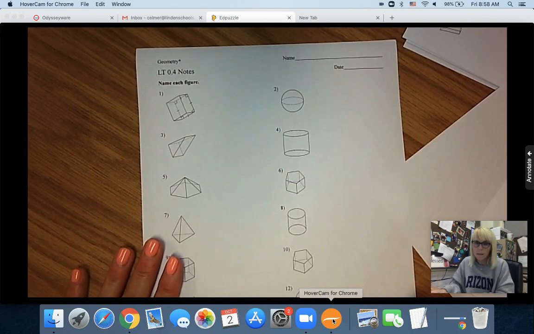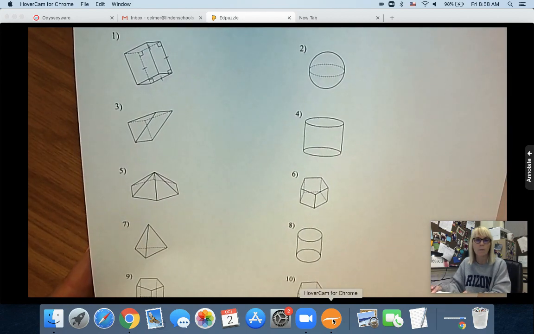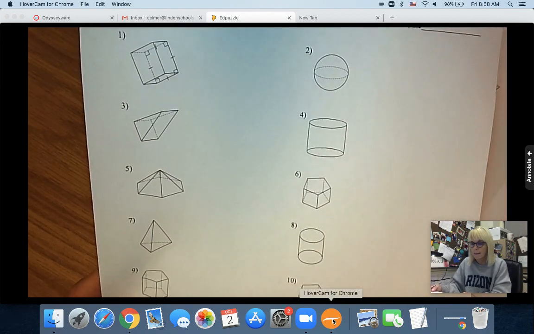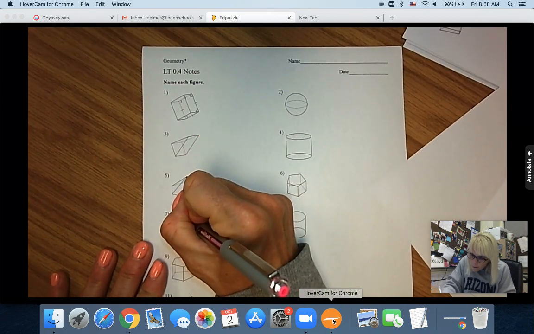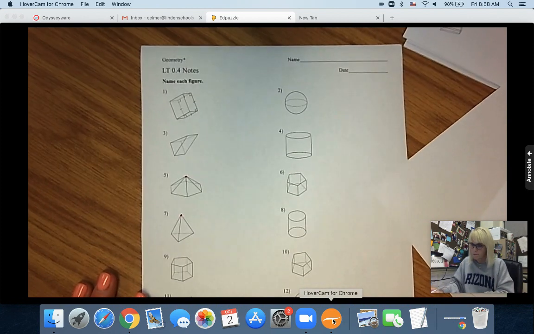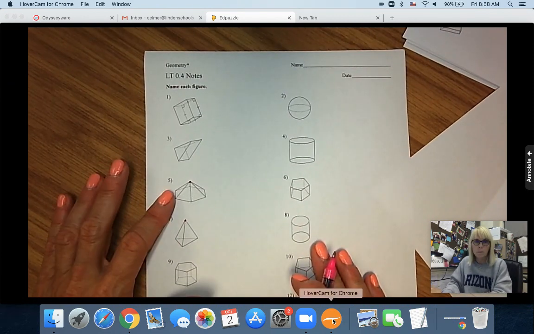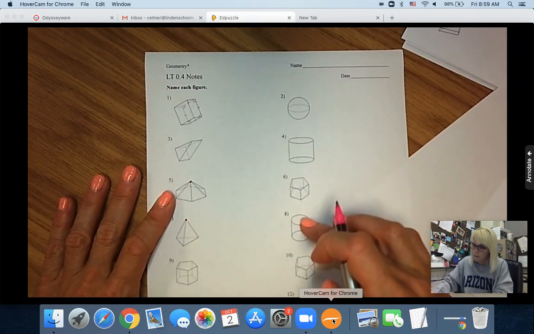Okay, we're back. Hopefully you looked at these pretty closely, and in 1 through 8 you should have noticed that 5 and 7 come to a point and they have polygon faces. Okay, so these two would be pyramids. These 3 are non-polyhedra.